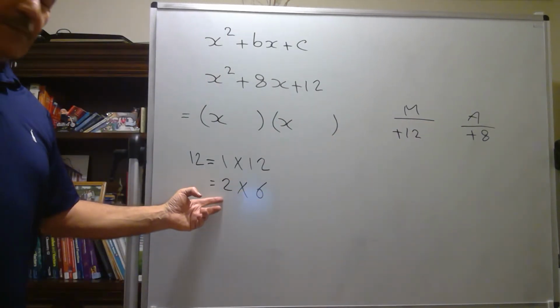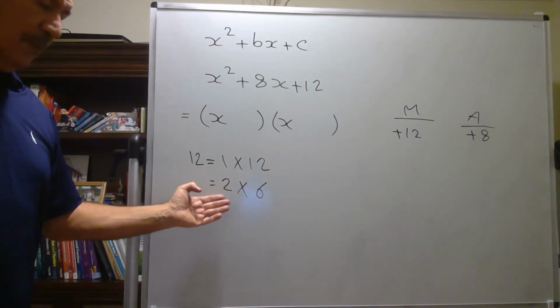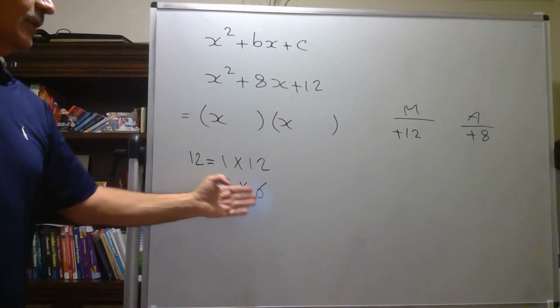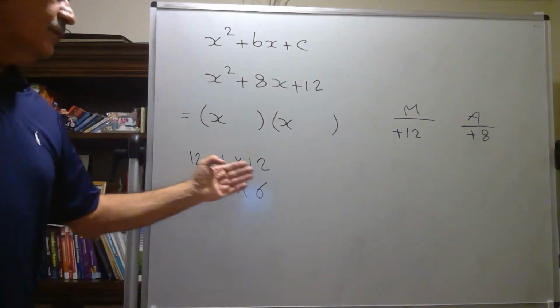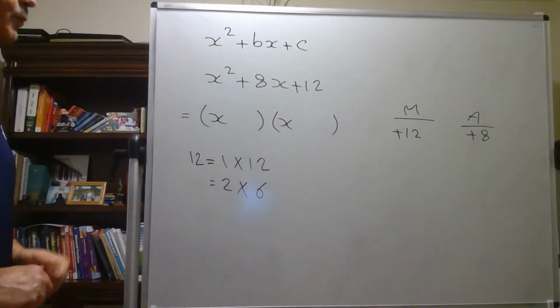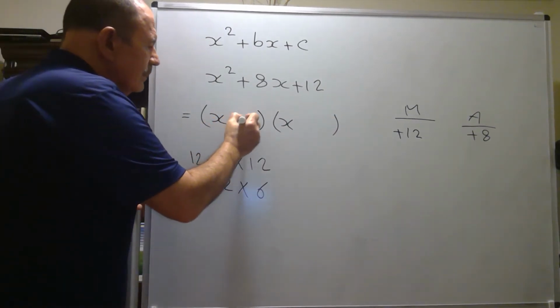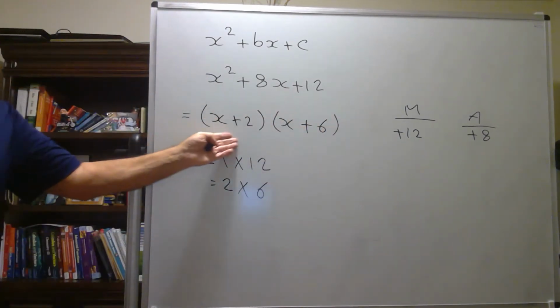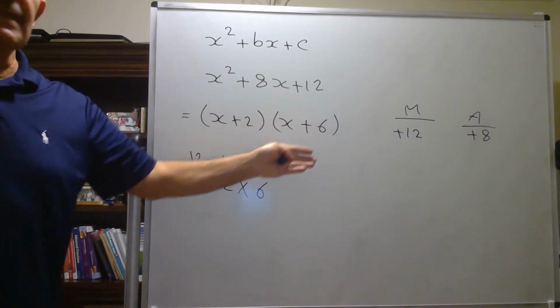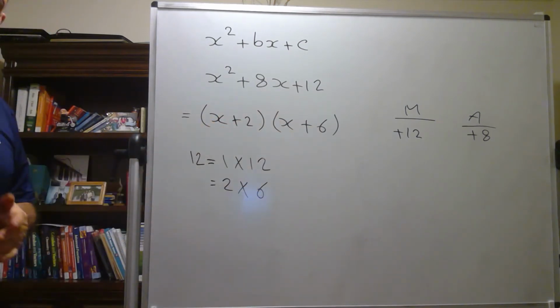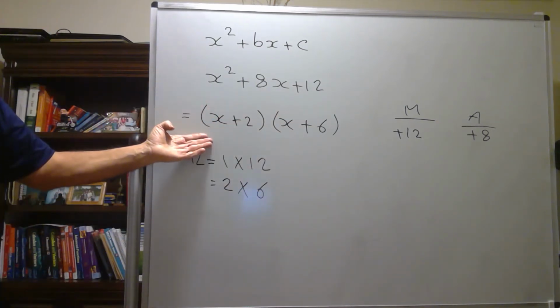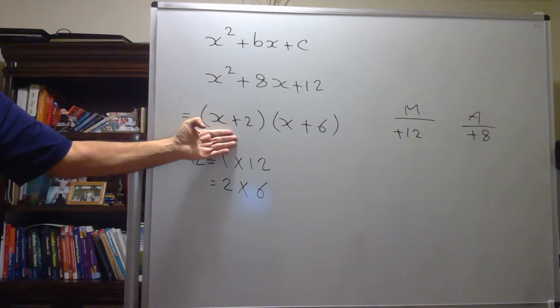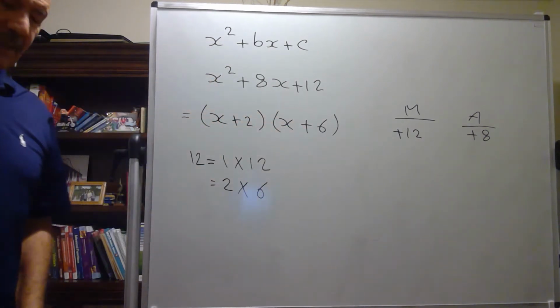So one of the numbers is 2, the other one is 6. So plus 2 and plus 6. 2 times 6 is 12, and plus 2 plus 6 is 8. So put one of the numbers here, plus 2, the other one here, plus 6. It doesn't matter if I put 6 here and 2 here, or 2 here and 6 here. It's going to be the same answer. So the result is x plus 2 multiplied by x plus 6.